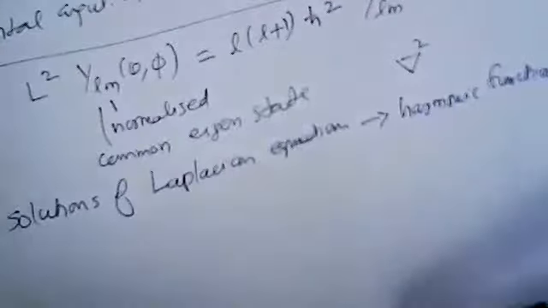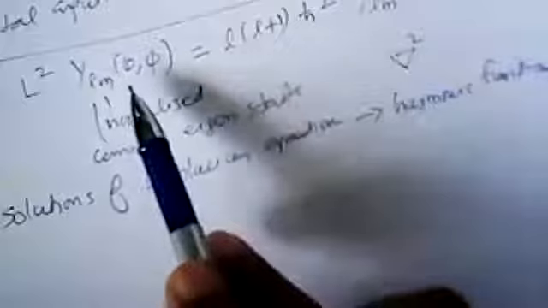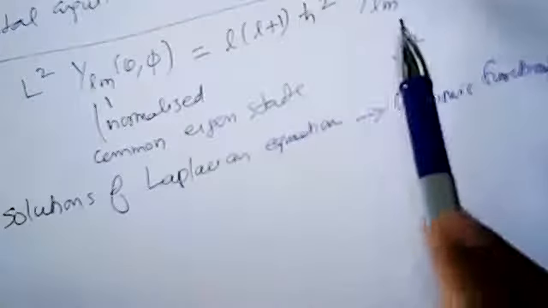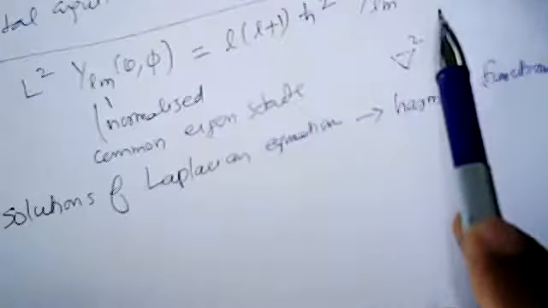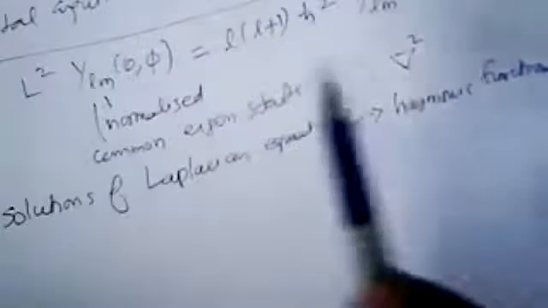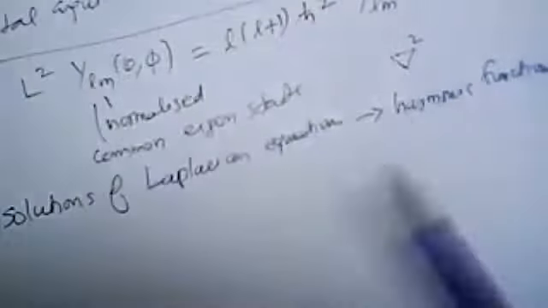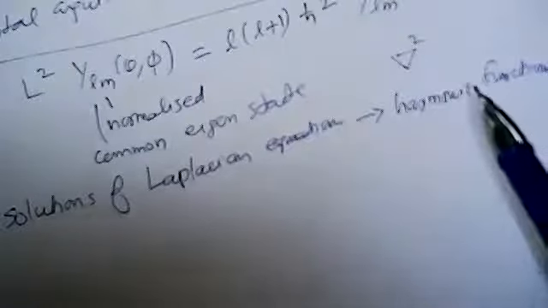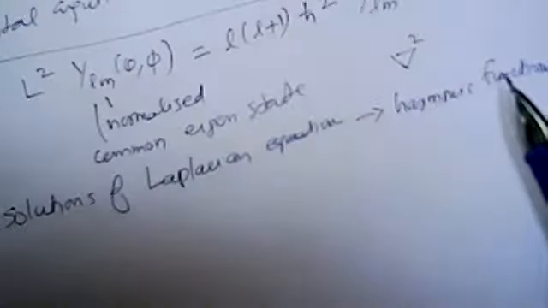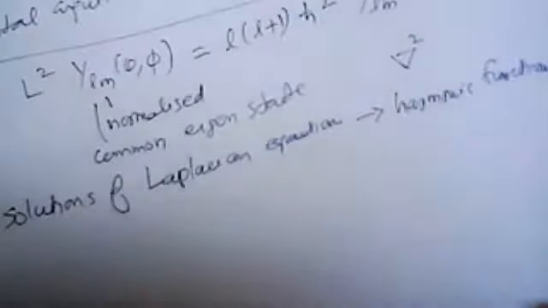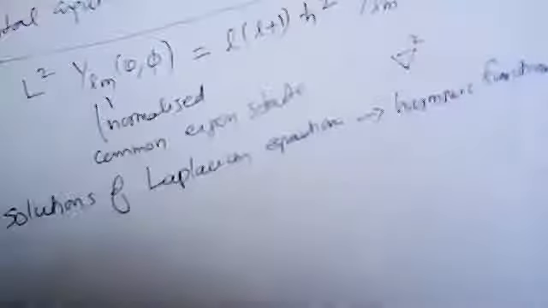Now, actually, this is L square. We know only theta and phi are contained. YLM theta phi is the solution along the surface of a sphere with a unit radius.